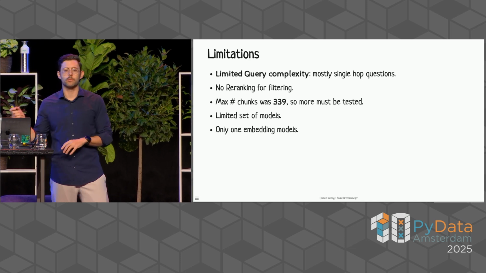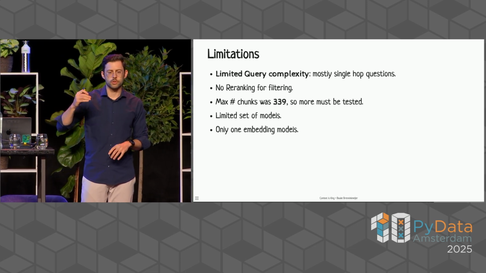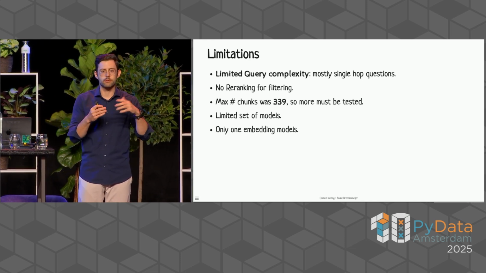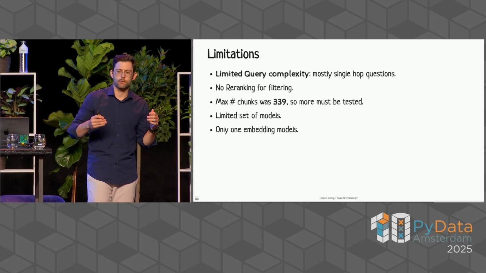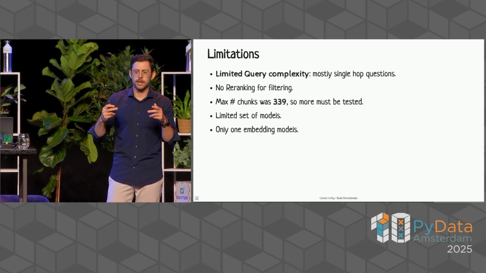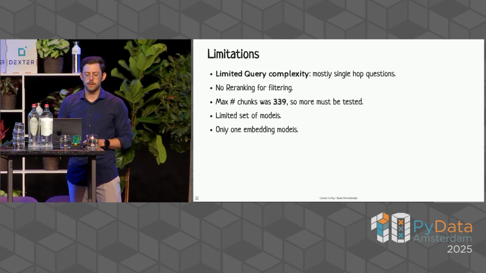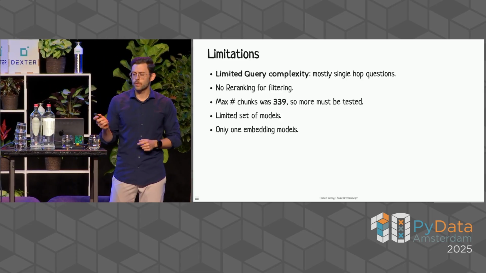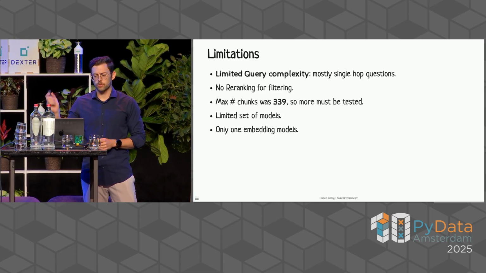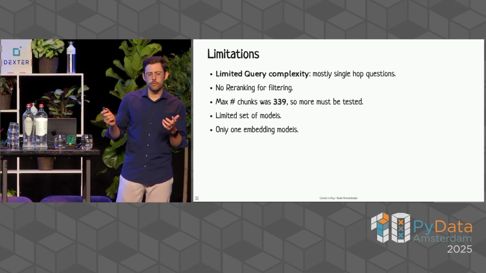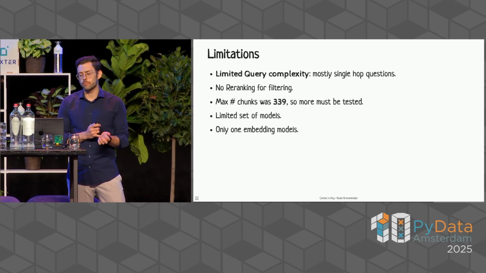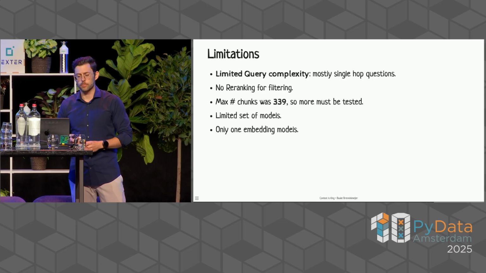For example, that could mean we don't just retrieve 20 chunks and then re-rank those, but we actually retrieve 500 chunks, then re-rank and take the top 100 out of that. I do think that could be a valuable avenue of research. The max number of chunks I had was 339, so that's not that much. There's a lot more, so I would say experiment a little bit.